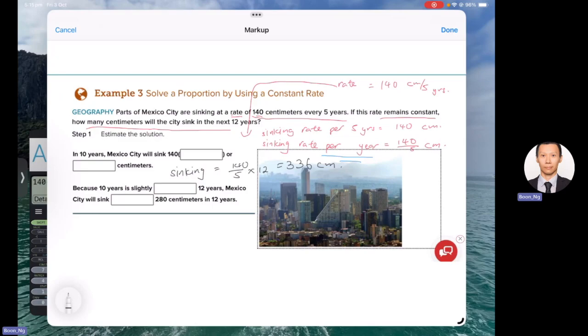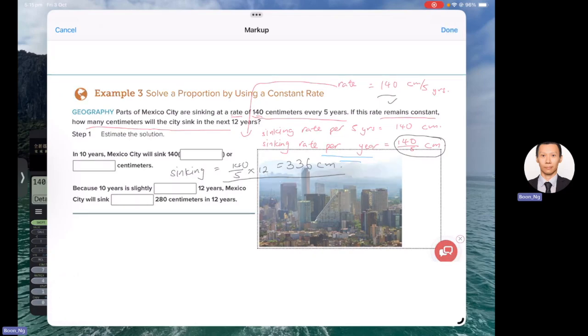So 140 every 5 years, every year, this is the rate. In 12 years, it will sink 336 centimeters.